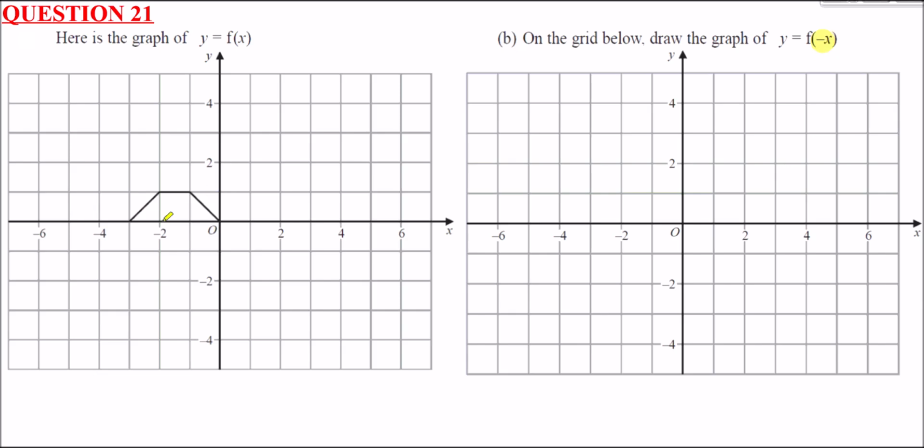So where x is negative, it becomes positive. If x were positive 2, for example, it becomes minus 2. So x just switches from one side of the x-axis to the other, it gets flipped. It's a reflection in the y-axis. And so this trapezium here will end up being over there next time. And so we just need to sketch in this shape, and then we're done. Question 21.